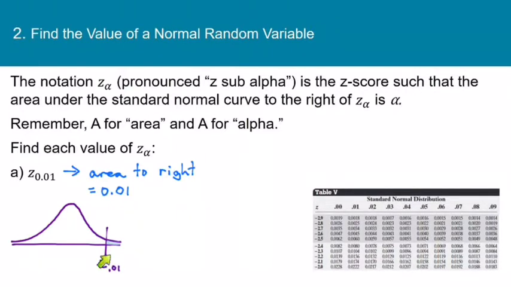The little shaded bit is only the 1% of area that is to the right of that z-score, and so the area to the left is 0.99. You could either look up 0.99, or since you have the 0.01 here, you may as well look up 0.01 and then just remember that the table is going to tell you the wrong sign. So let's go ahead and find 0.01 in the table, or as close as we can.